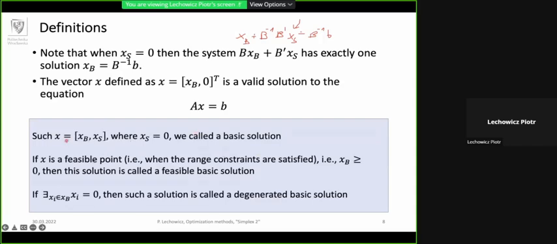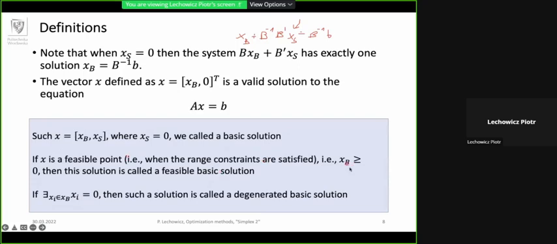And if x is a feasible point in our optimization problem, because we also have the range constraints, which most of the time indicate that each variable has to be greater or equal than 0.